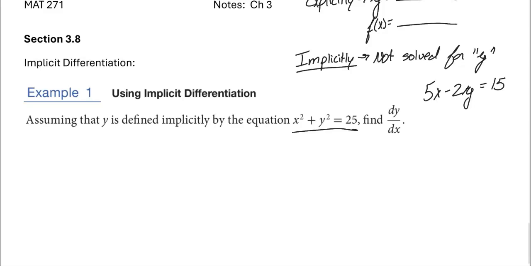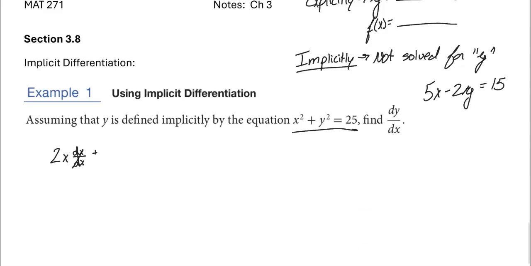If I take the derivative of x squared, I get 2x. Technically, we need to show we took the derivative of the variable x with respect to x.